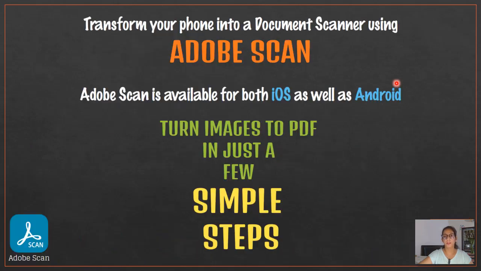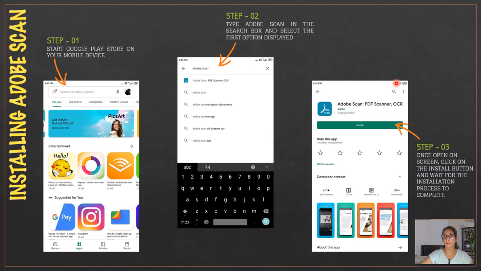So what is Adobe Scan? Well, it is an app that turns your phone into a scanner. It is available for both iOS as well as Android. Turn an image to PDF in just a few simple steps. The installation process is quite easy.